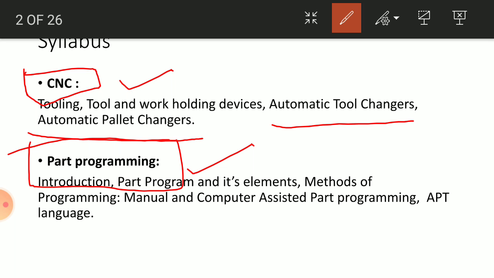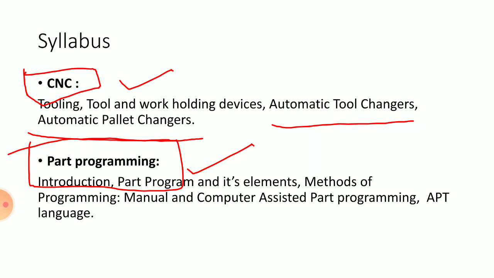All these are going to be asked in the exam. According to my experience, many question papers have questions related to the automatic tool changer and the automatic pallet changers. So we will study one by one how they work, and what the advantages, disadvantages and applications are.